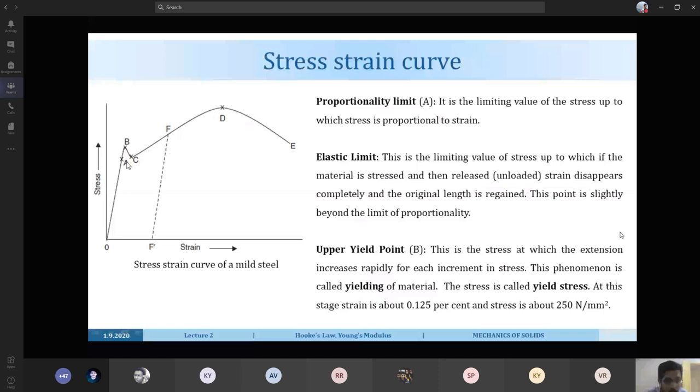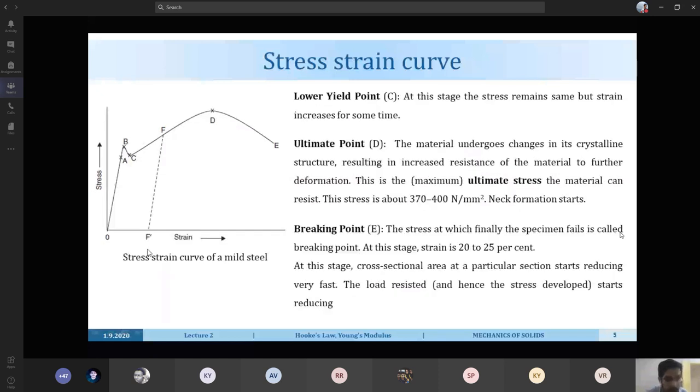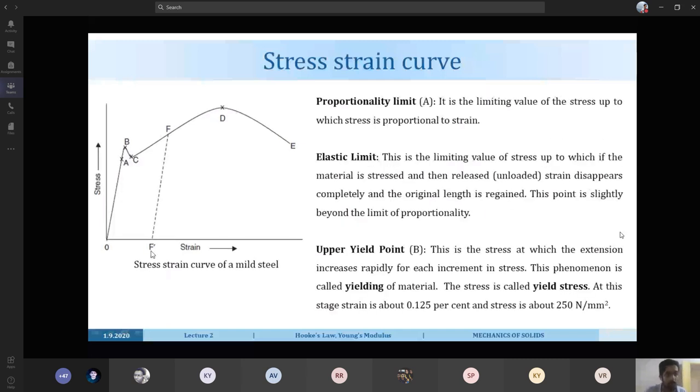So it traces a line parallel to this line, that OAB, and we can see that there is a permanent deformation. There is a strain of OF dash here, and this OF dash is called the permanent set. The term means the permanent deformation happening in that body because we are applying a stress beyond the elastic limit.